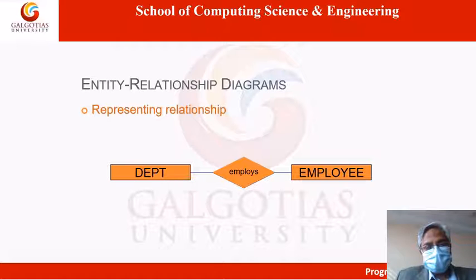The department employs employees, so employs is a relationship between the two. Entities are denoted by rectangles, and between two entities there may be a relationship which is denoted by a diamond, with connecting lines.